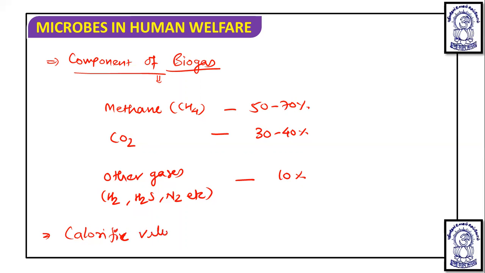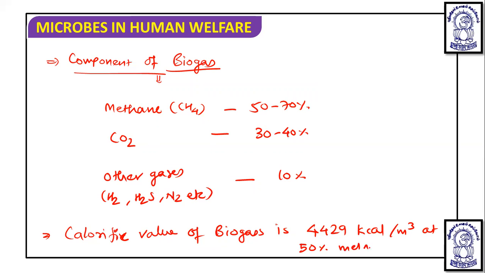Okay, so this much are the components of the biogas, and it is known that the calorific value of biogas is 4429 kilocalorie per meter cube at 50% methane content.